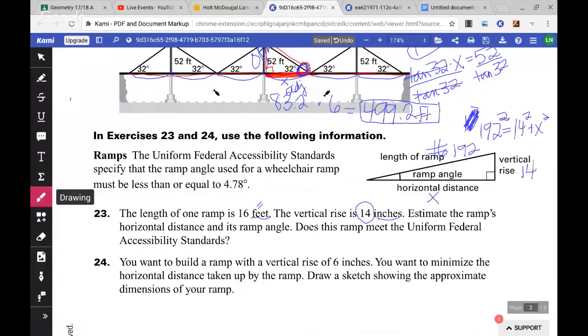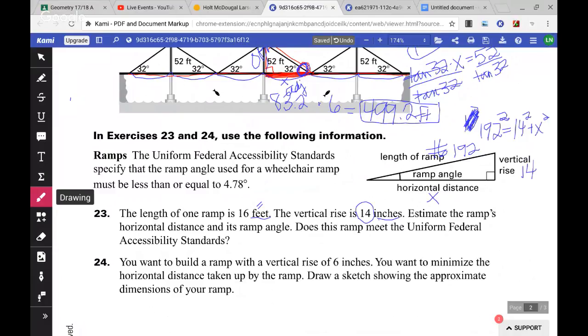Be very careful when you set up Pythagorean theorem. The hypotenuse, or the longest length, always goes on the left by itself. Always. A lot of people miss it for that reason, that they didn't do it by itself.